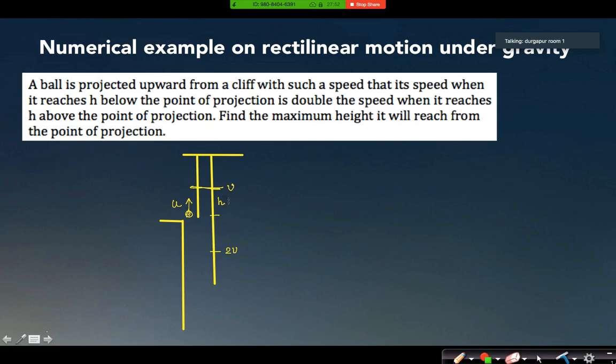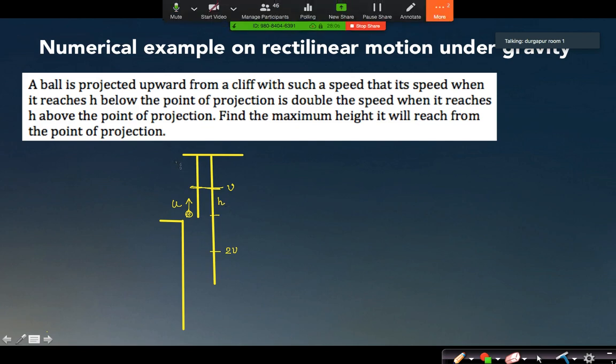So it is talking about speed because it may be upward or downward. In this lower case it is strictly downward, but when it is above at h, it may be upward or downward. So I need to find the maximum height attained by the particle, capital H, that I need to find.